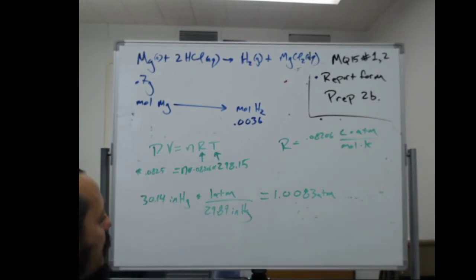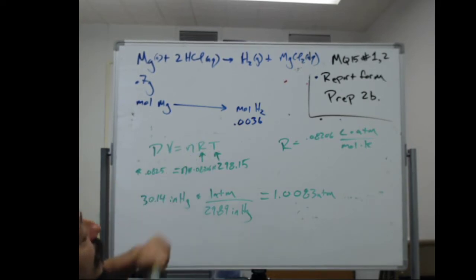Just barely above 1 atmosphere of pressure. Approximately 1 atmosphere, right? So now all we're going to do is plug that in there and solve for N. This N should be close to 0.0036 moles, but it's not going to be exactly 0.0036 moles.